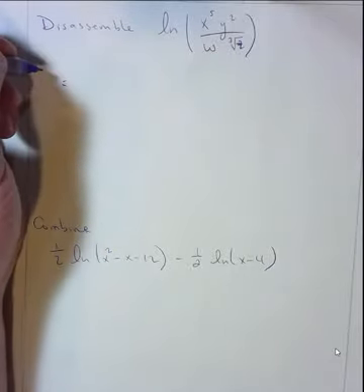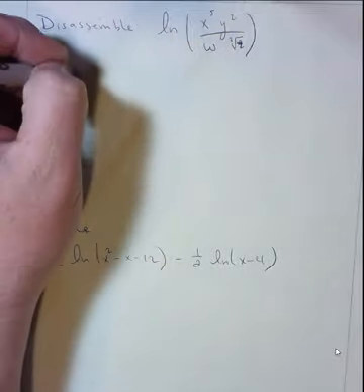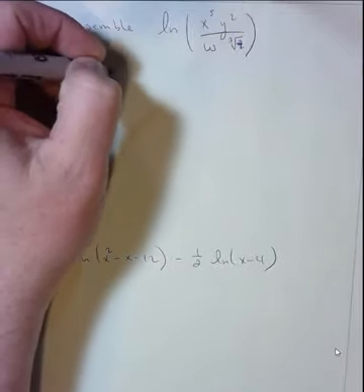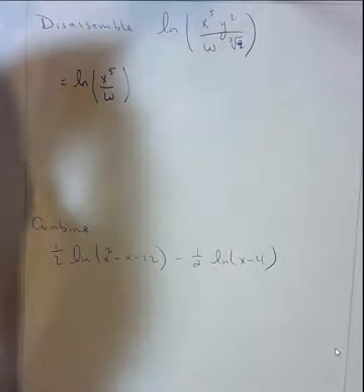Let's recognize that the log of this bunch of stuff up here is the log of x to the 5th over w times y squared over cube root of z.